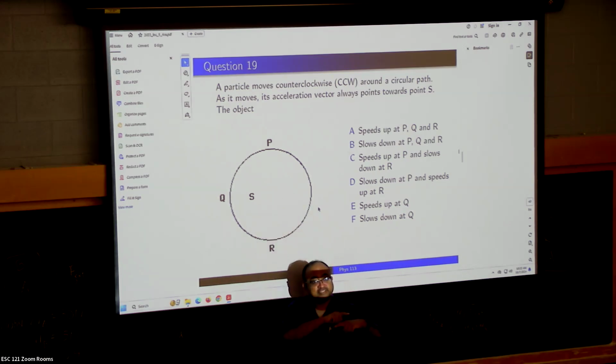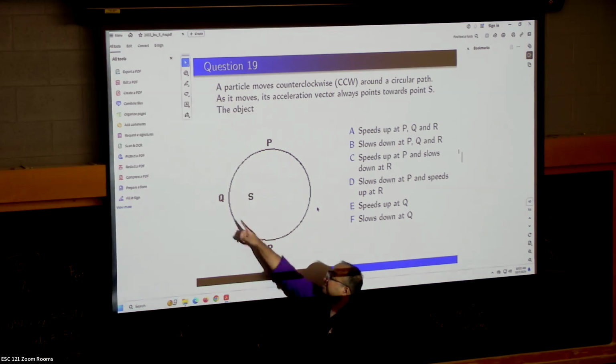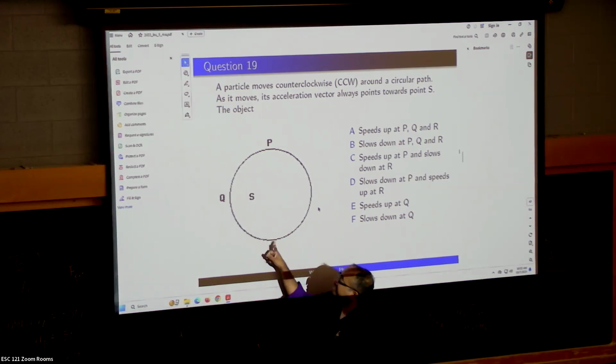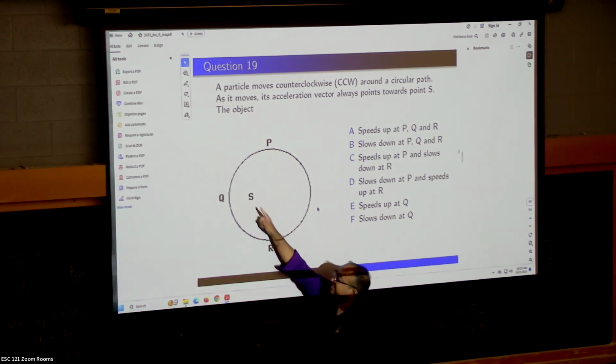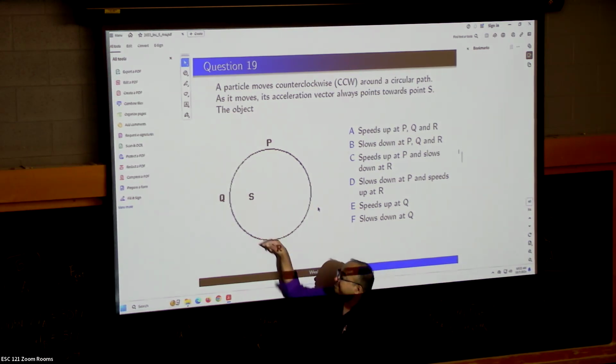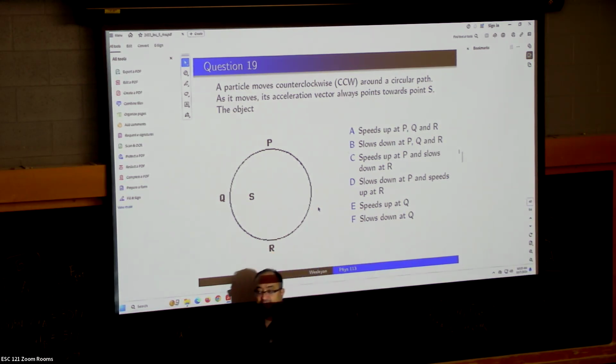So it's going to speed up at P, reach its maximum at Q, and then slow down as it comes over here, because the velocity is this way, but the acceleration is like this. So there's an anti-parallel component to the acceleration, and it would slow it down over there. Questions?